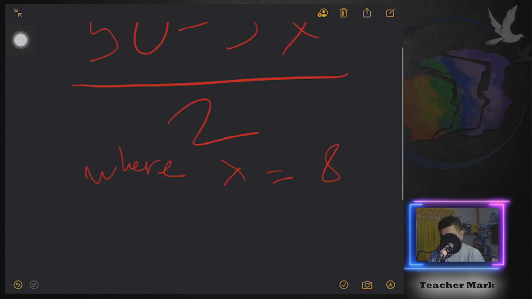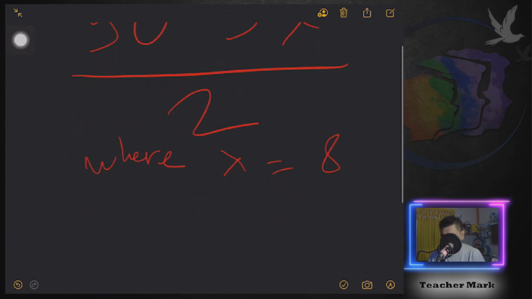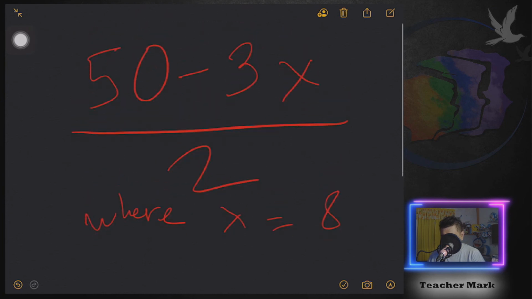Okay. So let's try to do this. We have 50 minus 3x over 2. 50 minus 3x divided by 2.